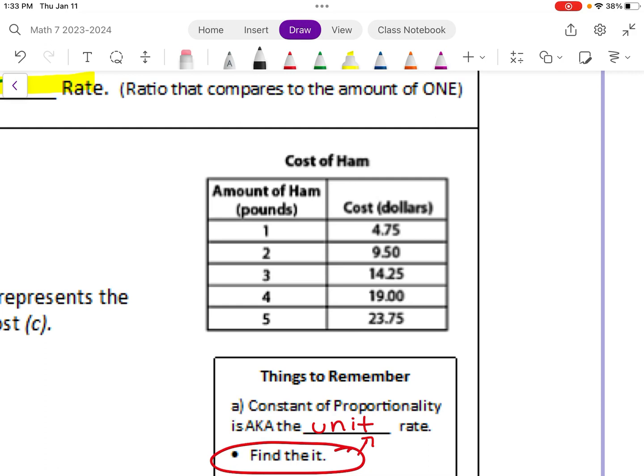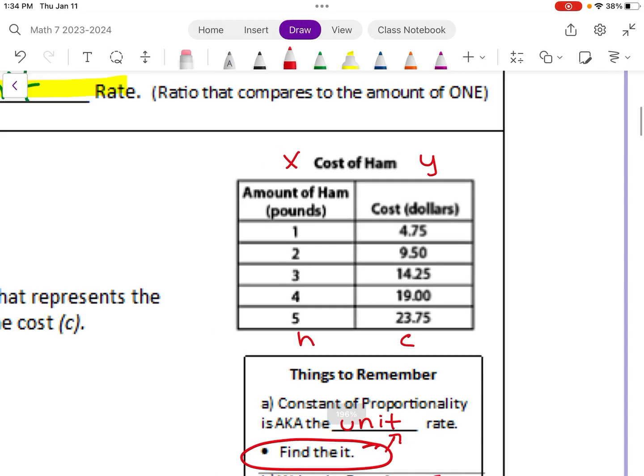We don't know what a 17 or a 23-pound turkey costs, so that's why we need to make this equation. And just like our tables when they were horizontal, the first values are always going to be x and the second values are going to be y. But the problem wants us to name them H and C.